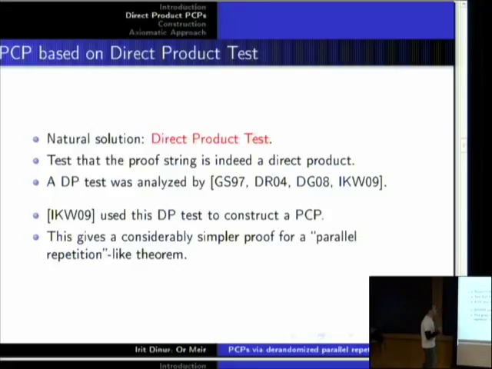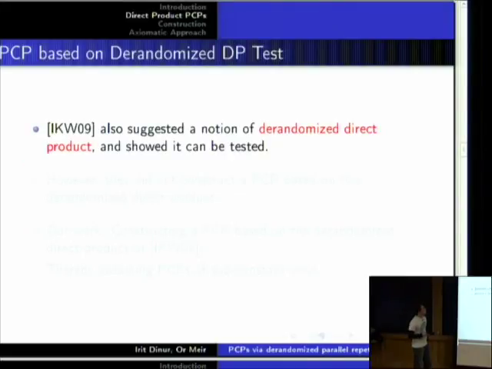Okay, so the IKW did construct a PCP using a direct product test, and not only did they do that, they also suggested the notion of de-randomized direct product, which is what we aim for because we wish to de-randomize the parallel repetition. And they showed that this notion of de-randomized direct product can also be tested using a direct product test.